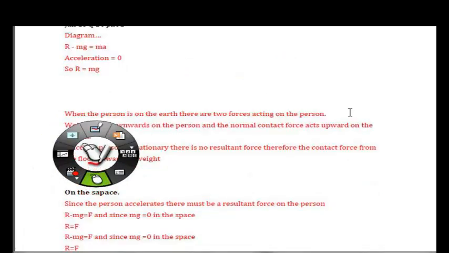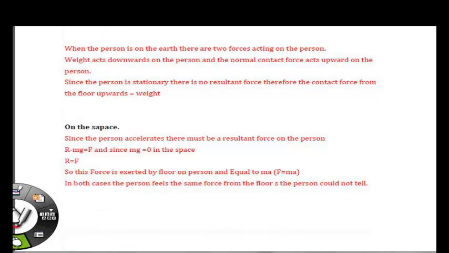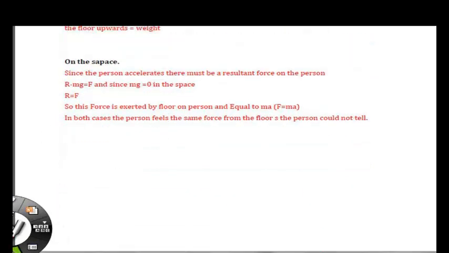And if you look here now, we are going to answer the next situation, in space. Here we are going to study what? Let's apply what we studied when the person is accelerating on the lift upwards. The person is accelerating upward, which means the resultant force is upward.